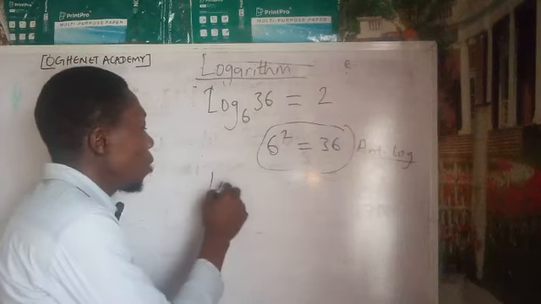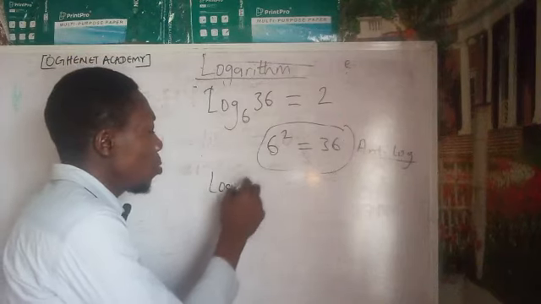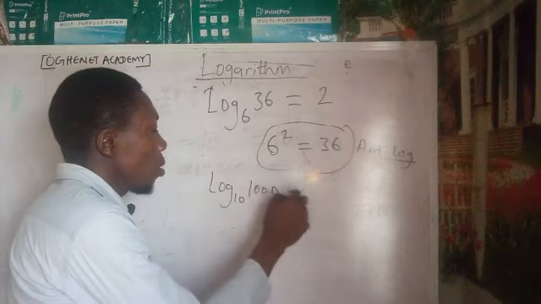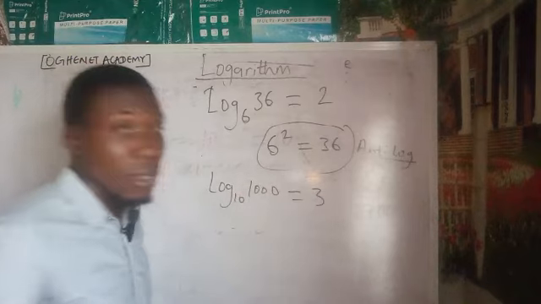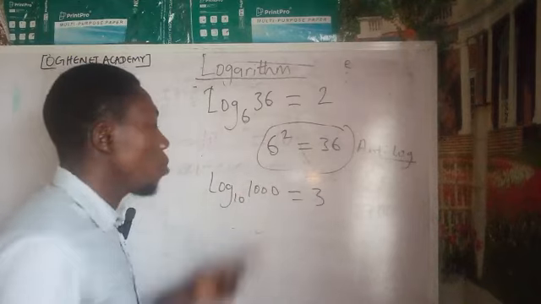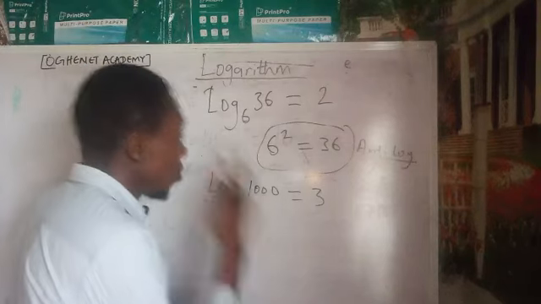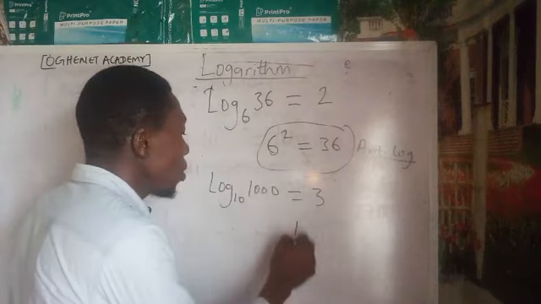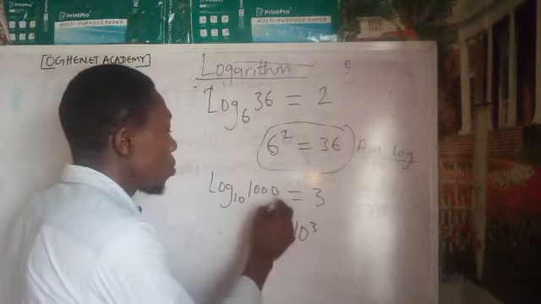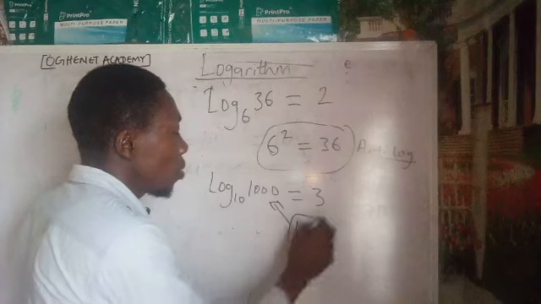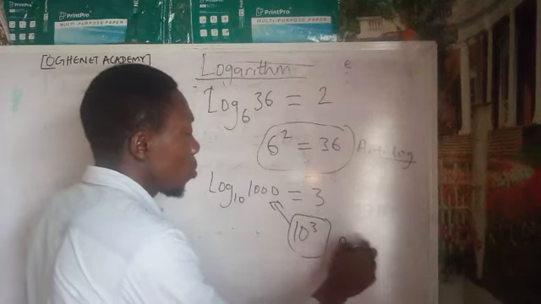So for instance, we have something like log 10 1000, as theory. Okay, so when you have log 10 1000, it means that 10 raised to the power of 3 will give you what? 1000. This is the anti-log.